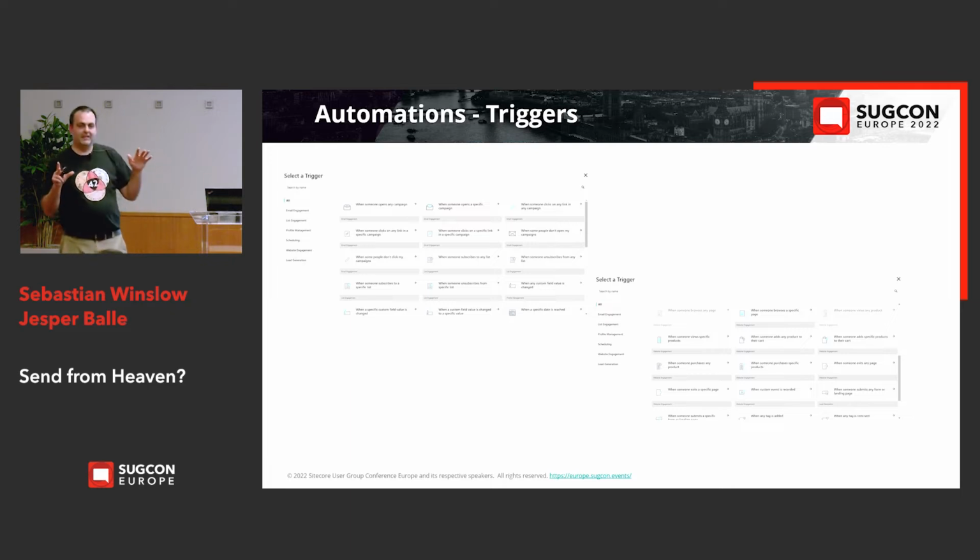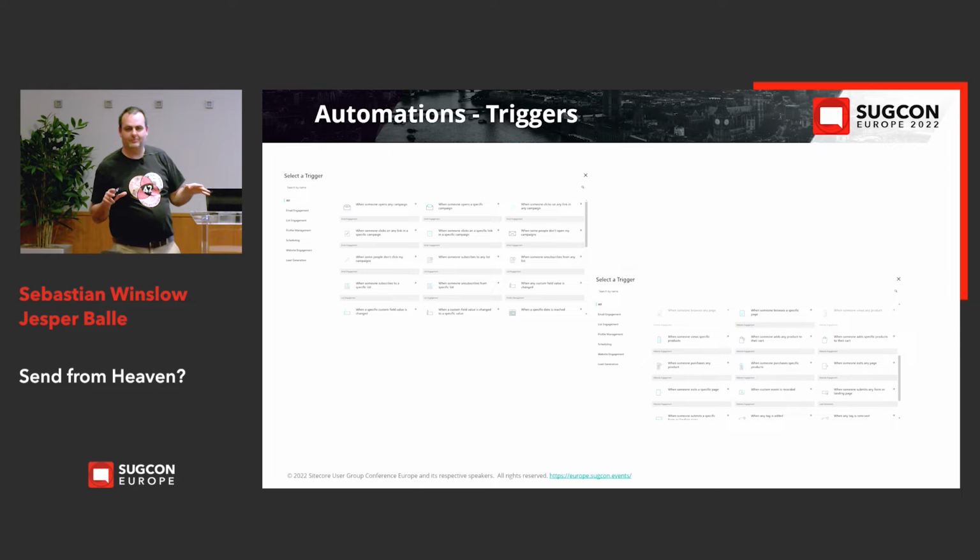And that sounds a little bit magic, right? Still, because how does Sitecore Send know anything about which pages on your site are product pages and so forth? But it's actually possible, and it's very, very easy.